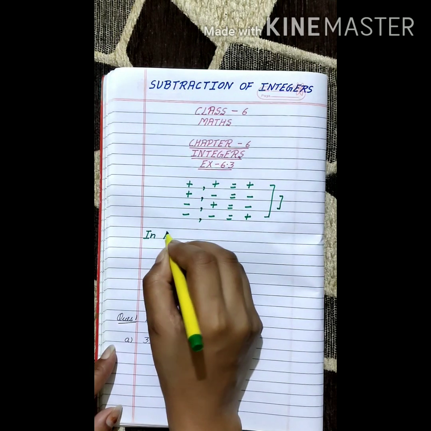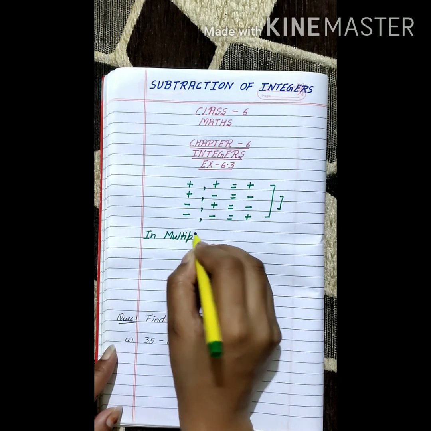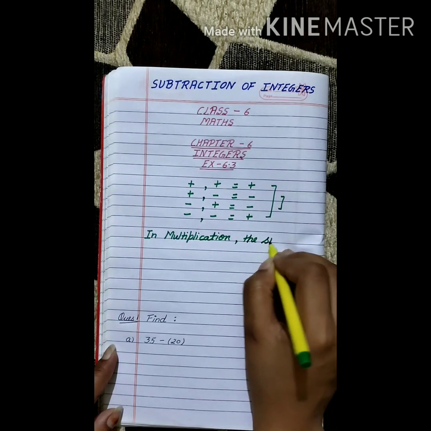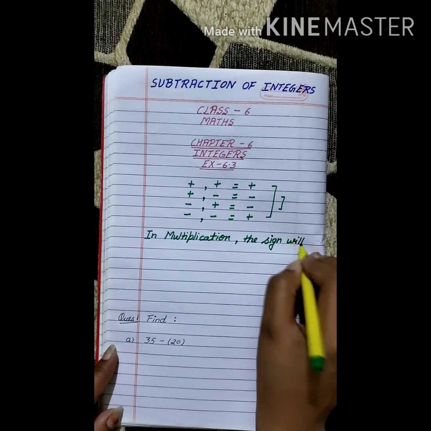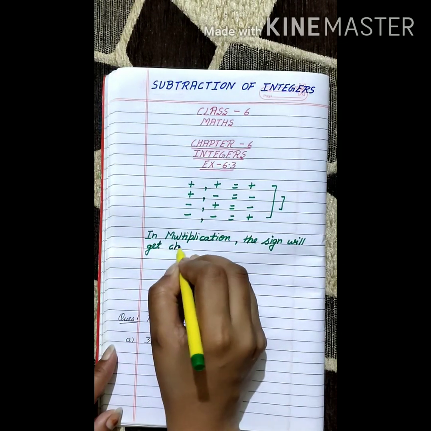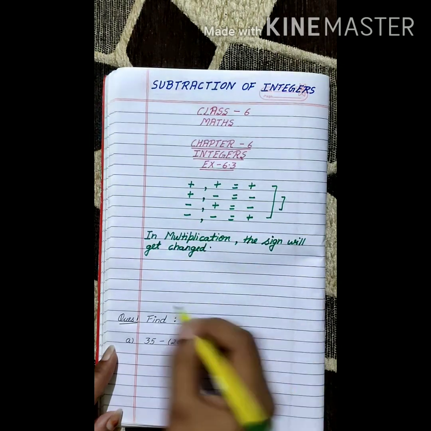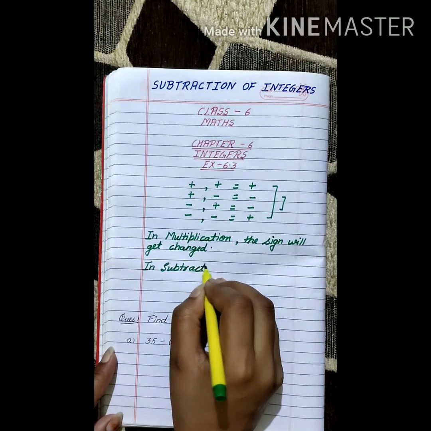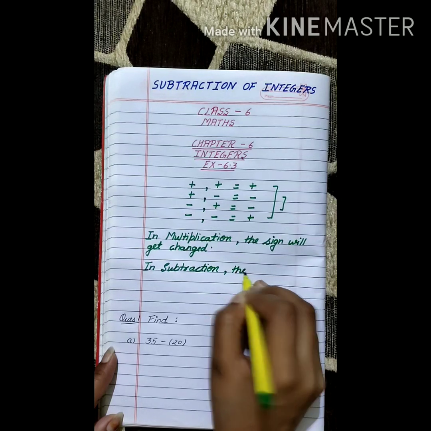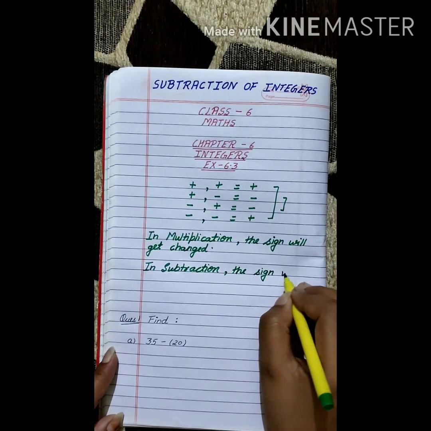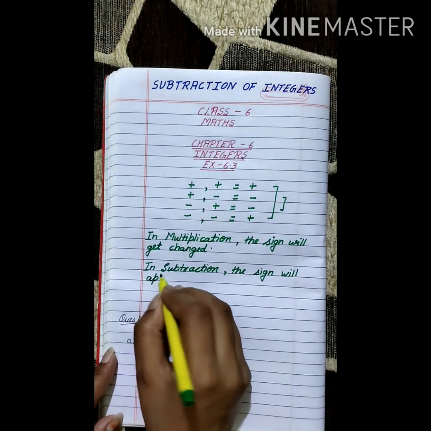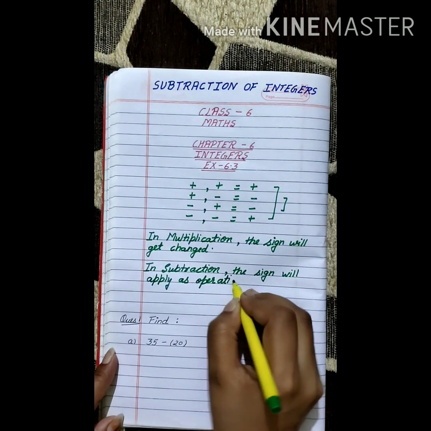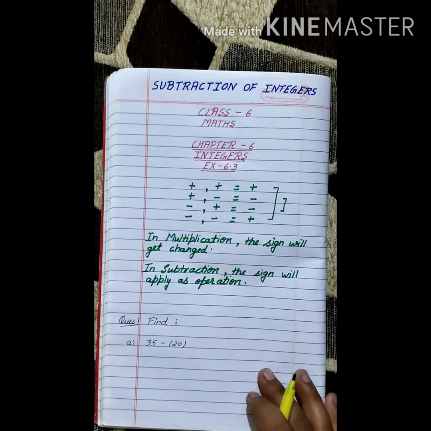In multiplication, the sign will get changed, and in subtraction, the sign will apply as operation, as we have done in addition.